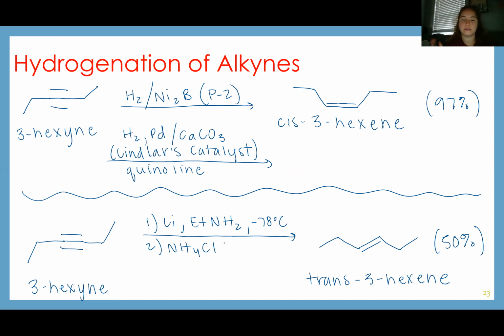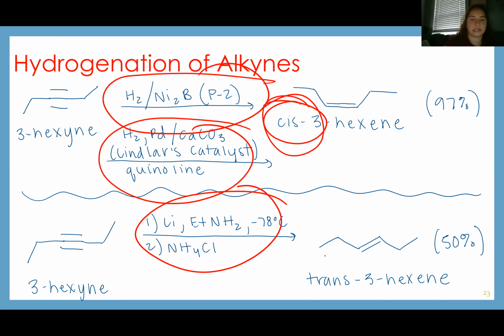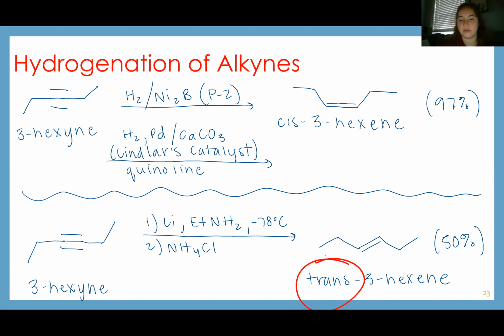So if you combine those together, you end up with a cooling bath that's negative 78 degrees. So it sounds really random, but it actually does come from somewhere. And then you finish that up with ammonium chloride. So I would flashcard this to cis, this gives you cis, this gives you trans. I think that's your best bet of getting these in your head.